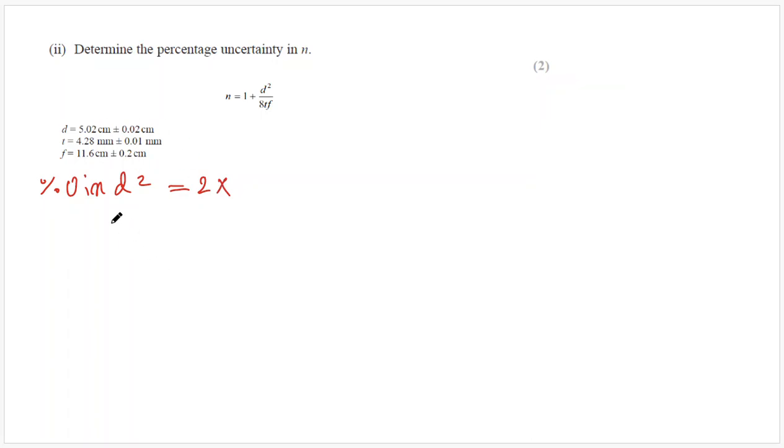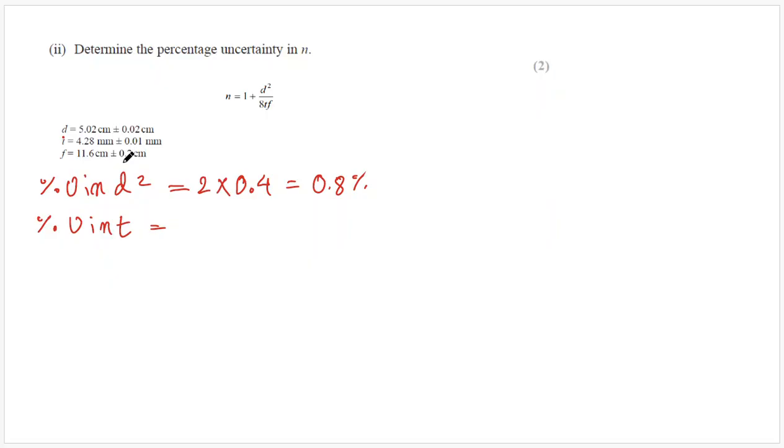That's just how power works when you're dealing with percentage uncertainties. So 2 times 0.4, which gives you 0.8%. Then you find out percentage uncertainty in T. That would be 0.01 divided by 4.28 into 100%.